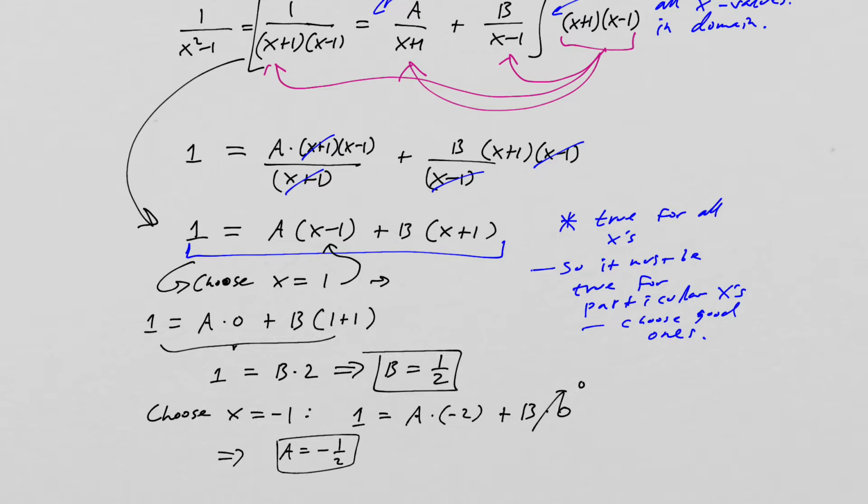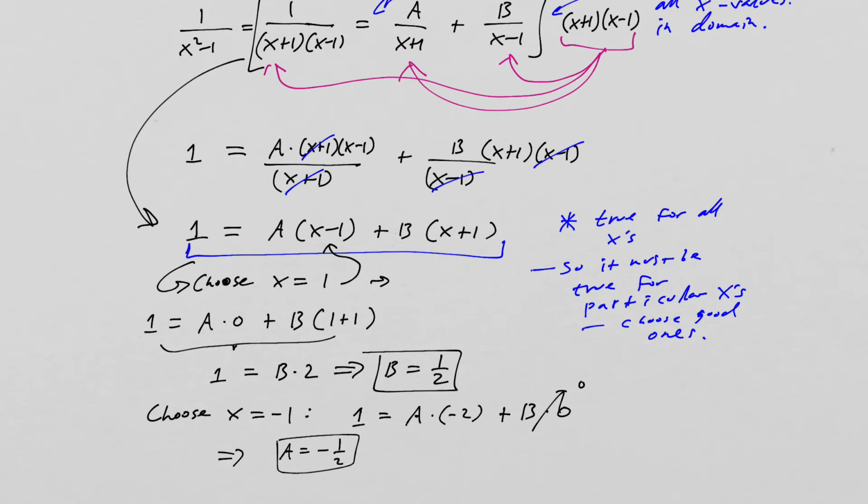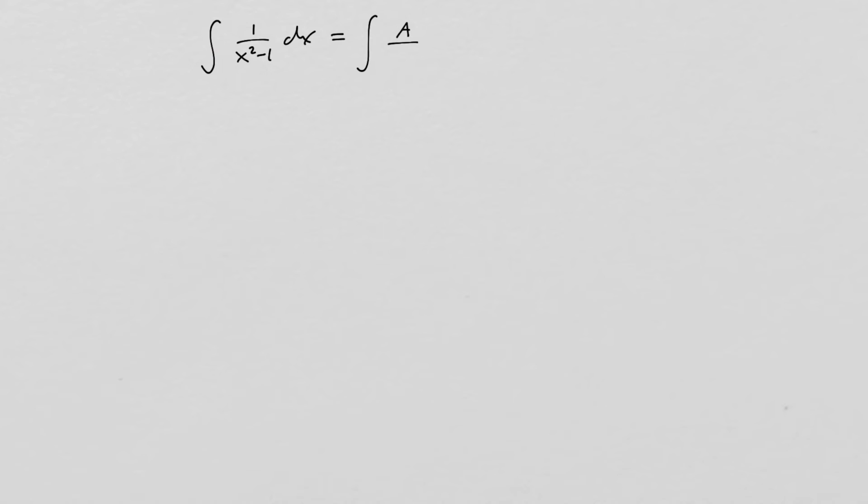I'm going to go to the next page now and write down our problem as we had it before. We had the integral of 1 over x squared minus 1 dx, but then we decided to write it this way as the integral of a over x plus 1 plus b over x minus 1 dx.